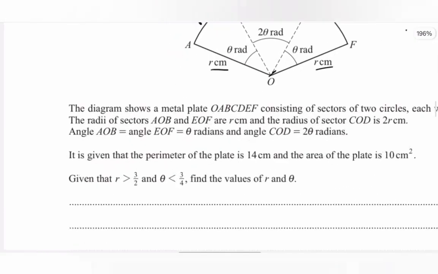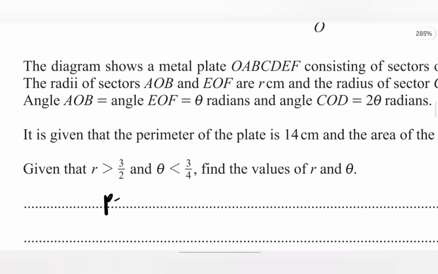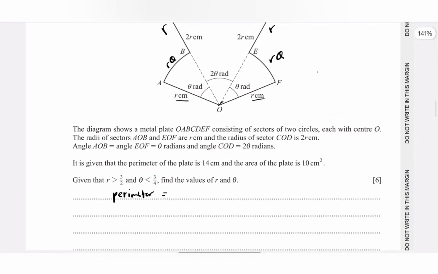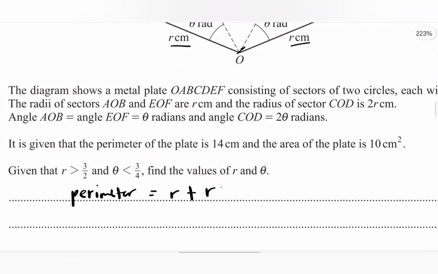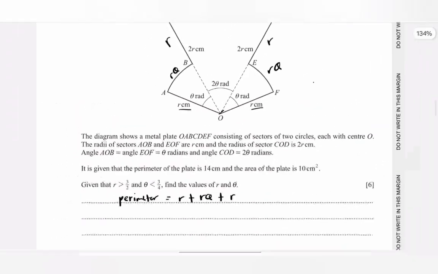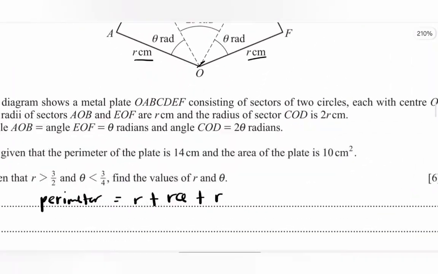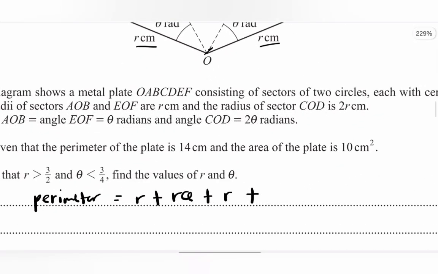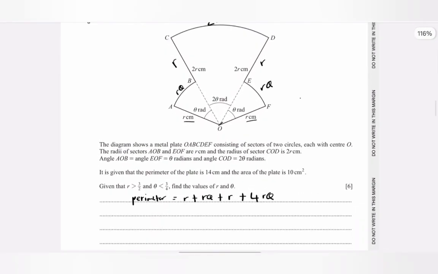So we're just going to write perimeter is equal to r plus r theta plus r plus 4r theta plus r theta plus r.